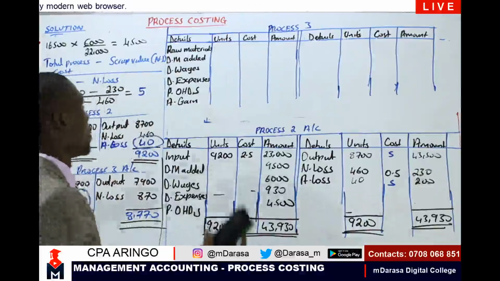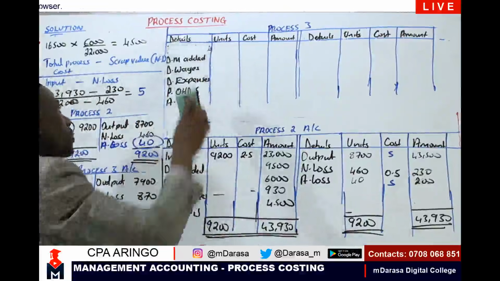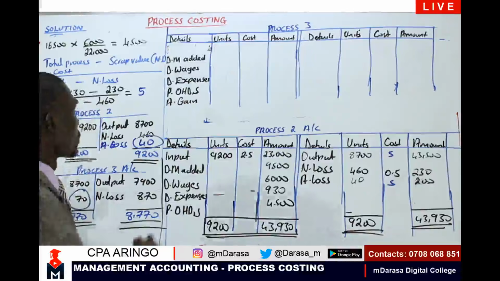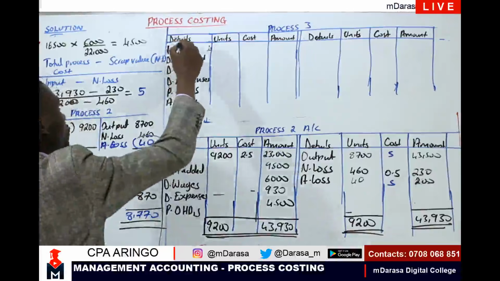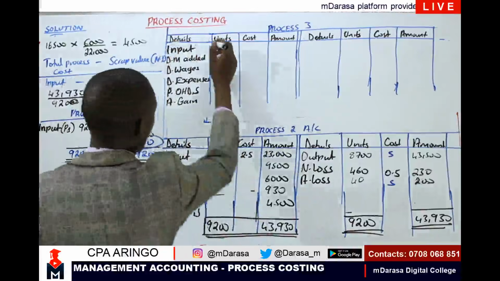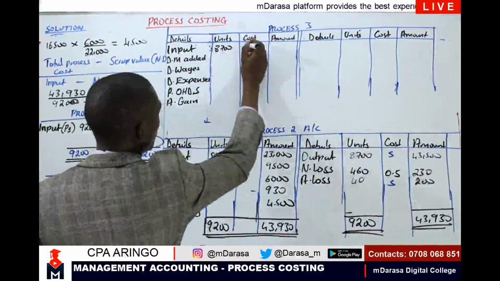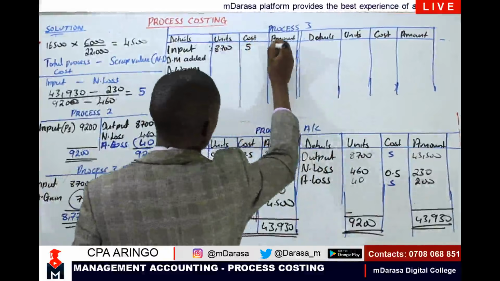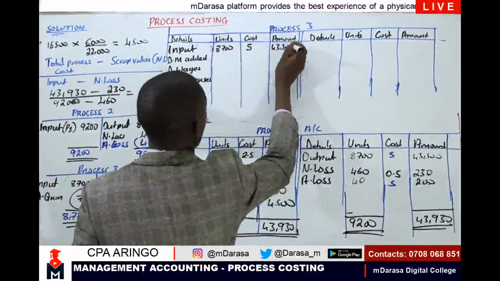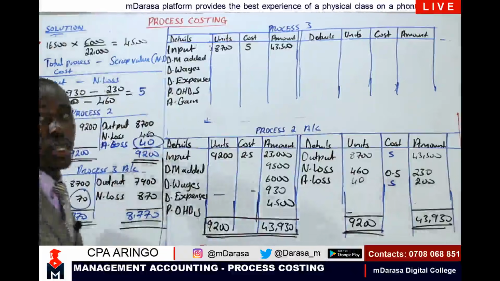I'll be having now my input here, but not raw materials. My input, I should be talking of 8,700, which is the output here, which by 5, we got a figure of 43,500.